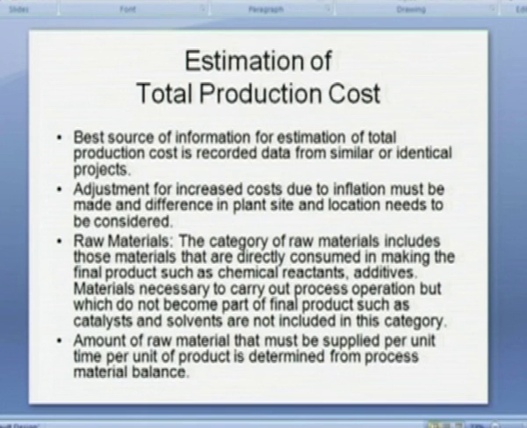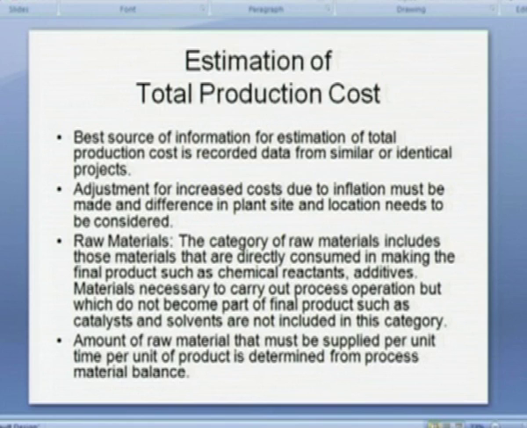Now, let us see how we can estimate the total production cost. The best source of information for estimation of total production cost is the recorded data from a similar project which was constructed earlier. Adjustment of the increased cost due to inflation must be made as we do for the fixed capital investment, and the difference in the plant site location needs to be considered. First, the raw material.